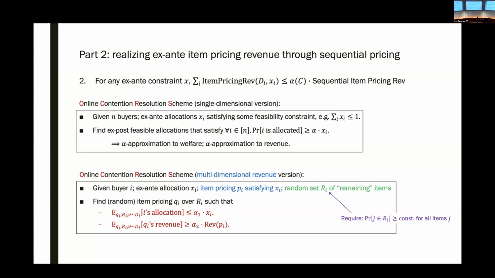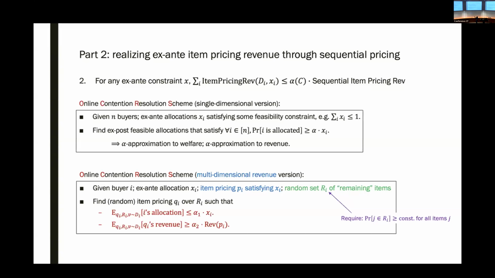One final word is that it's worthwhile comparing the results we achieve to similar results that have been achieved in the setting with item independence. When buyers have sub-additive values, but the values for individual items are independent, it is similarly known that sequential two-part tariffs approximate the optimal revenue.